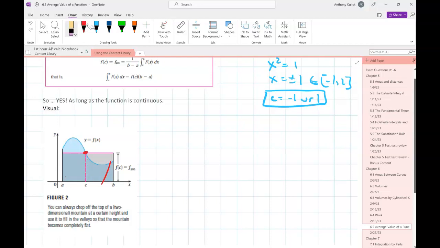Right? That's all you're doing. And that's exactly what this is, right? This is the rectangle where the value of the function is the height and the difference in the endpoints is the width. And this is the area under the curve.